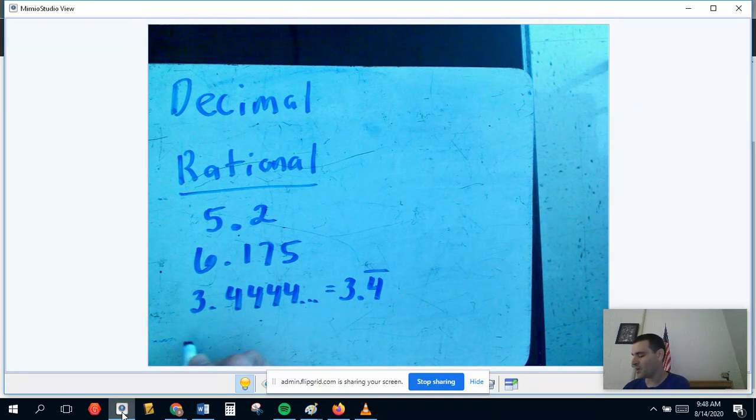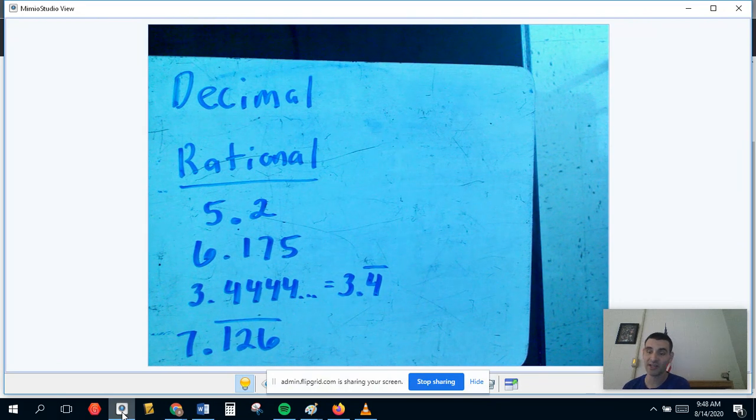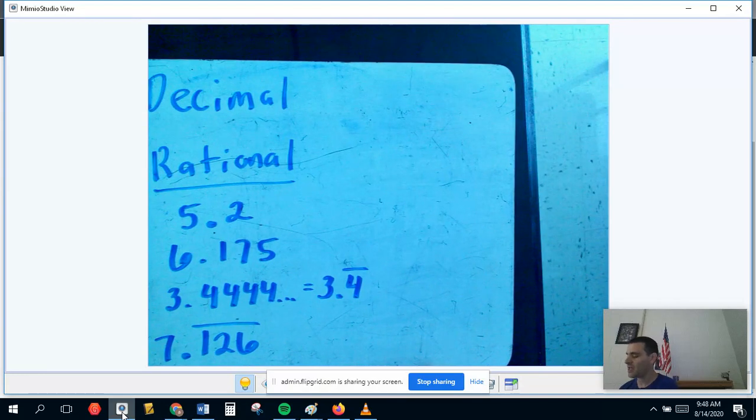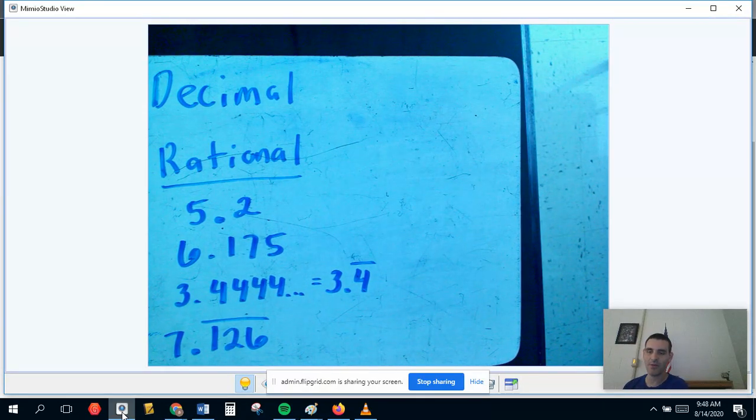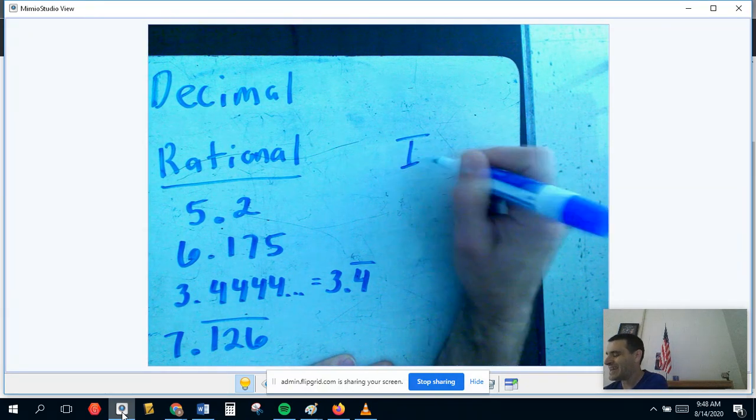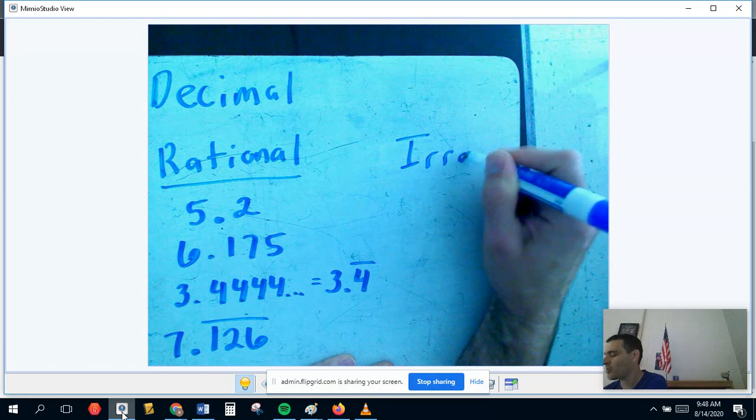And it doesn't have to be one number. You might have something like 7.126, and that might repeat forever and ever. That would be 7.126 with a bar, as such. So if it terminates or repeats, that means stops or repeats, then it's rational. Irrational neither terminates nor repeats.